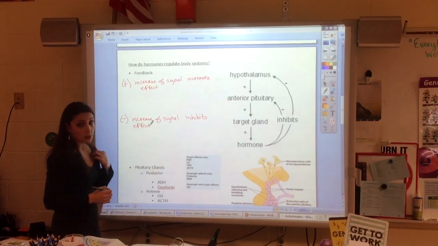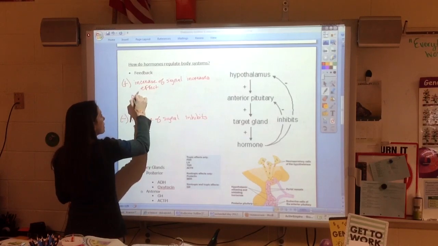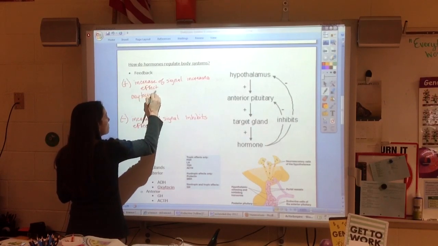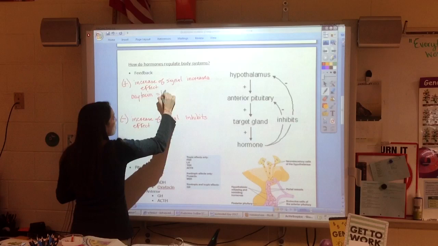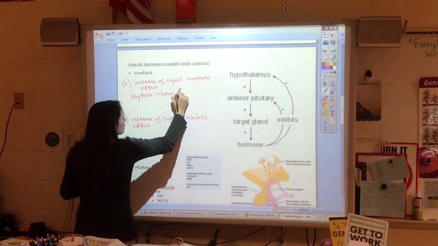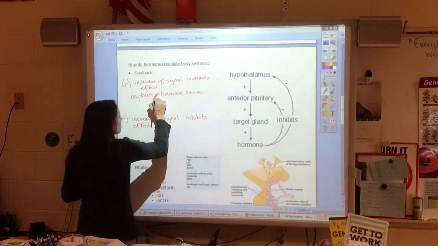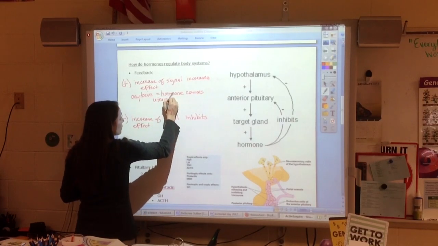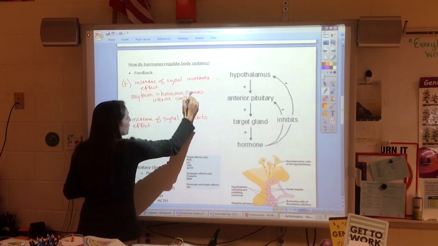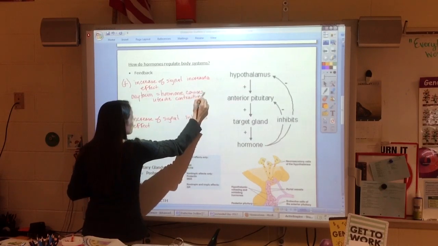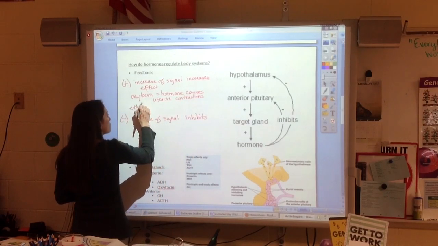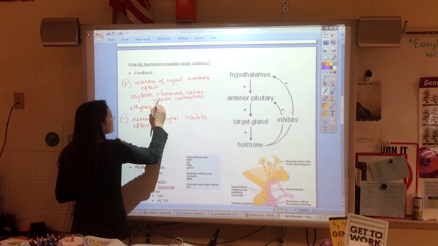The main example with positive feedback we're going to see is something called oxytocin. Oxytocin is a hormone that causes uterine contractions for childbirth. But there's also a hormone in fruits called ethylene that's going to stimulate ripening.